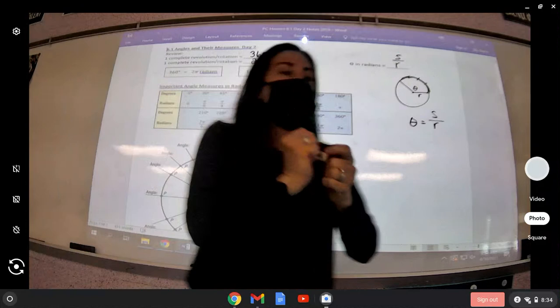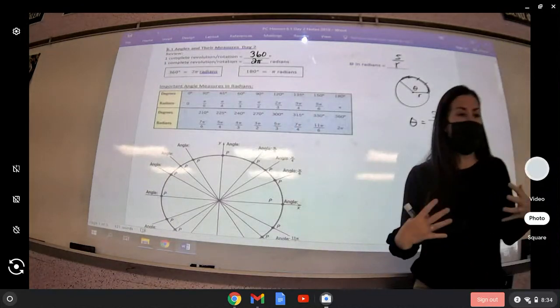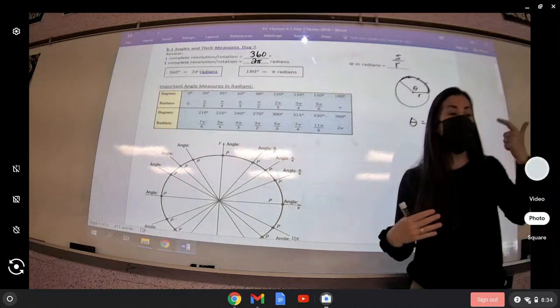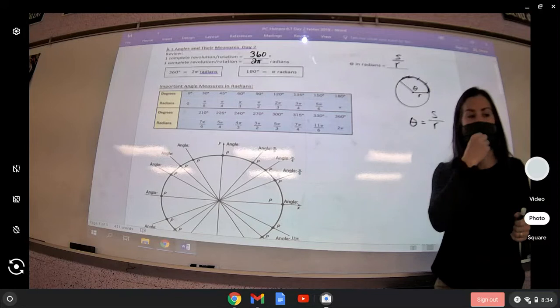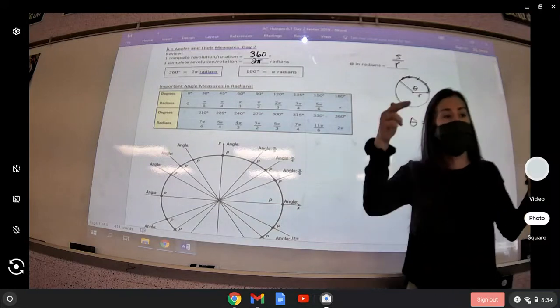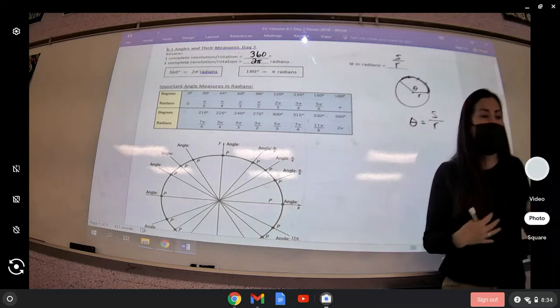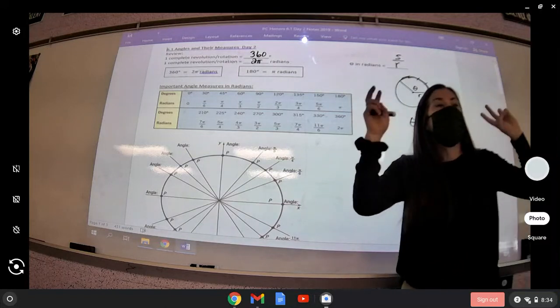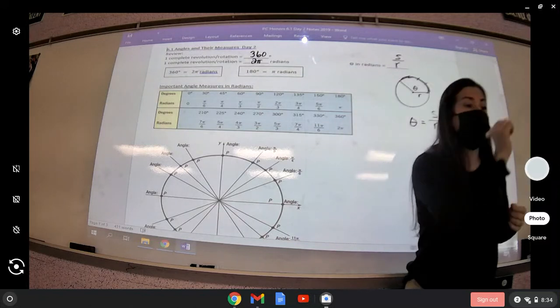Okay, well guys, when we're working with the trig functions, there are going to be special angles that we come across, the 30, 60, 90 right triangle and the 45, 45, 90 right triangle. So 30, 60, and 45, and any multiple of them, those are going to be really, really important angles for us because they can all be equated to the side lengths of a right triangle that we can memorize.